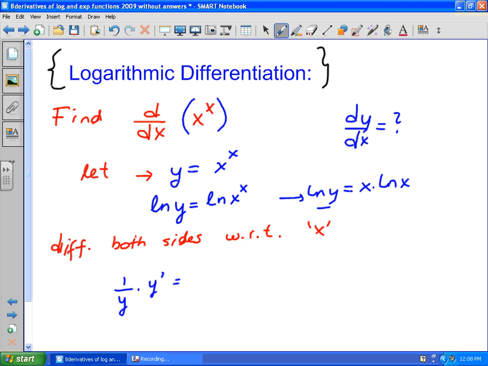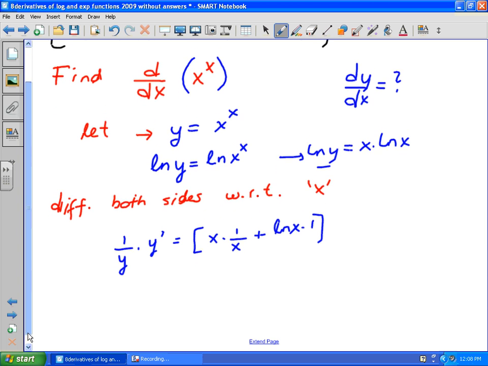Equals, on the right-hand side, we have a product. To differentiate that with respect to x, I will have first times the derivative of the second. The derivative of ln x is 1 over x, plus second times the derivative of first, which is the derivative of x with respect to x, which is 1. And remember, we're trying to find dy dx here, or y prime.